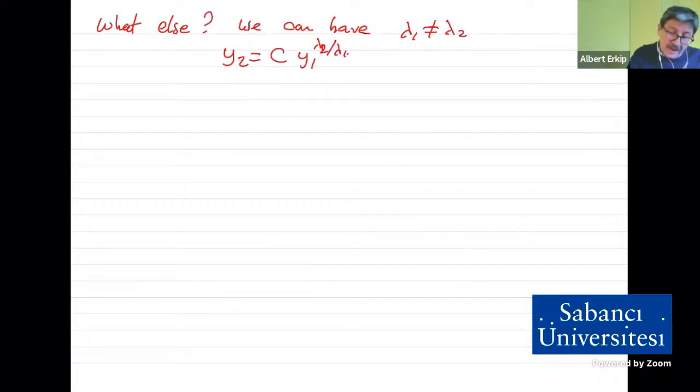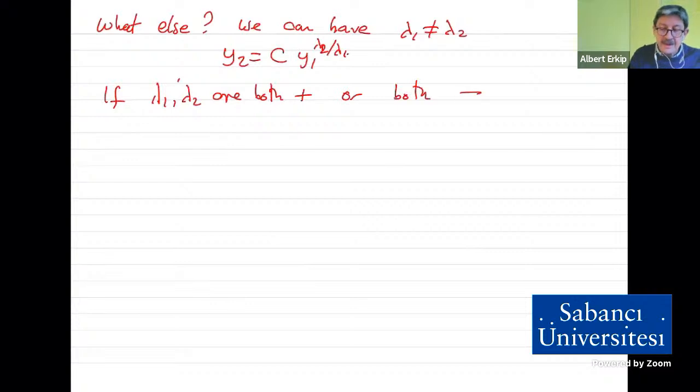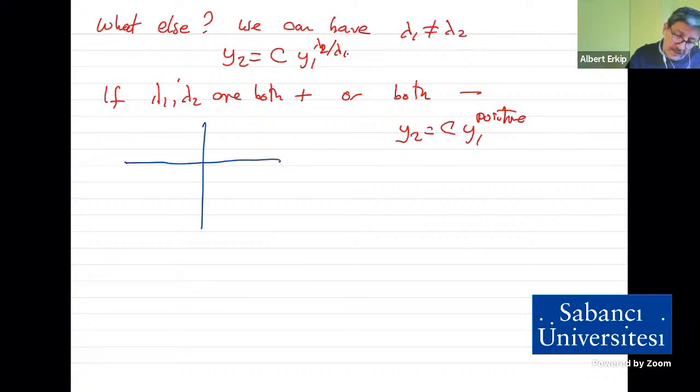Depending on which one is bigger, if lambda 1 and lambda 2 are both plus or both minus, this gives a curve. The curve is y2 equals c y1 to some positive number. So then the curves would be something like this, depending on whether the positive number is bigger than 1 or smaller than 1.